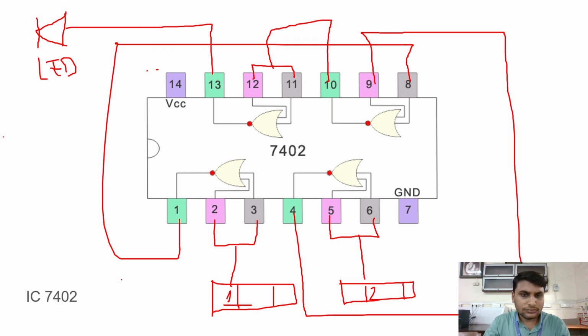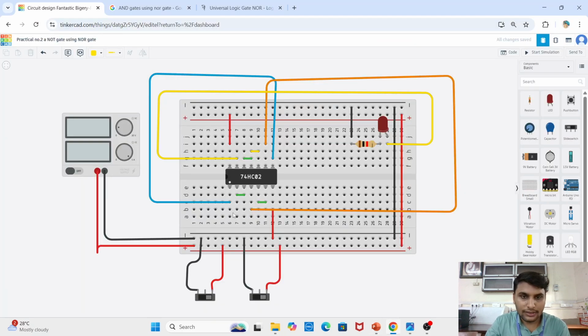Okay, we have already created the NOT gates. They are acting like NOT gates. So you have to connect either pin number 2 and 3, or pin number 5 and 6, to the common wire of the slide switch, right? So I have connected pin number 2, that is the first input, and pin number 5 and 6.